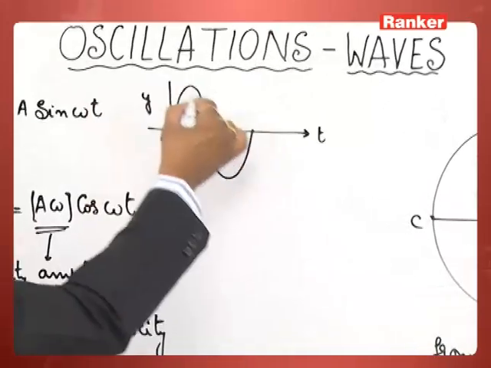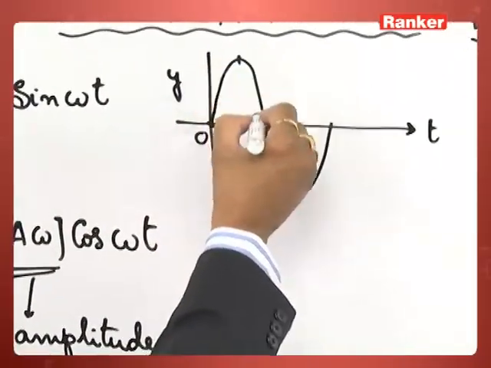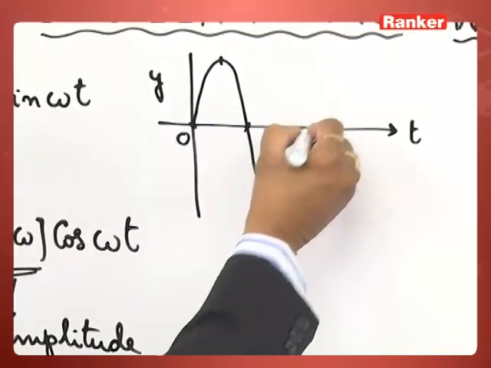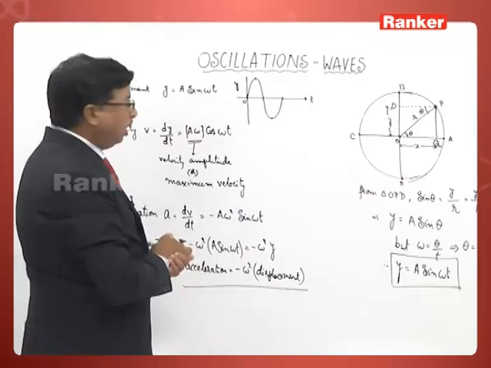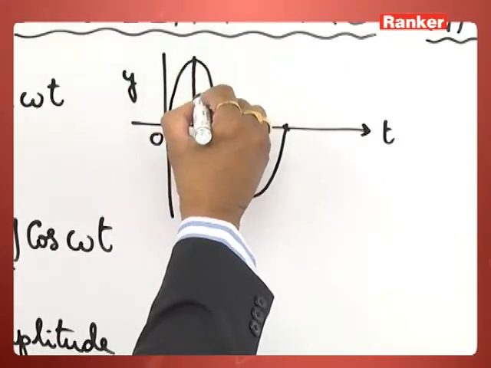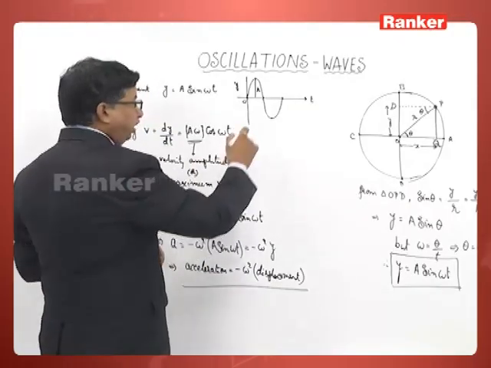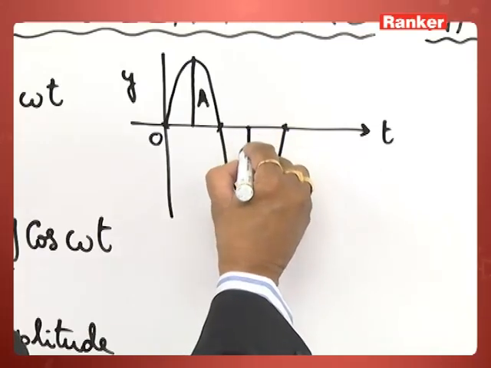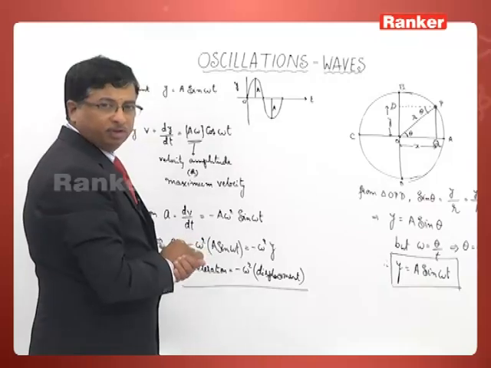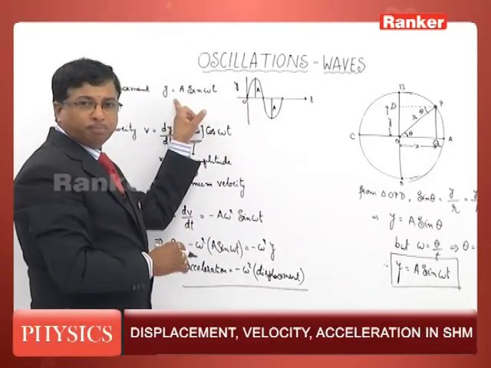That is the graph I am going to get: sine 0 is 0, sine 90 is 1, sine 180 is 0, sine 270 is minus 1 and sine 360 is 0. And what is this maximum displacement called here? It is called amplitude. Whether you take that amplitude in the crest or trough, never mind, it will be the same. So this is the graphical representation for this waveform.